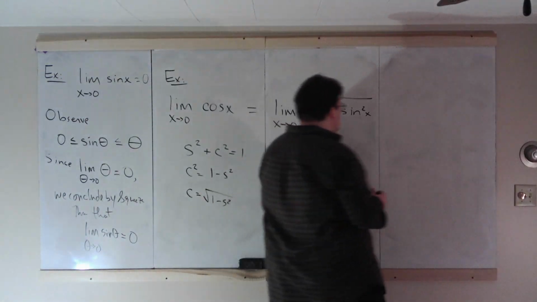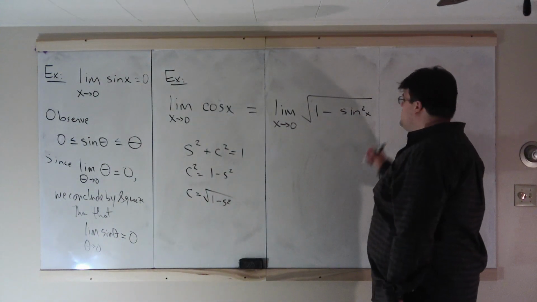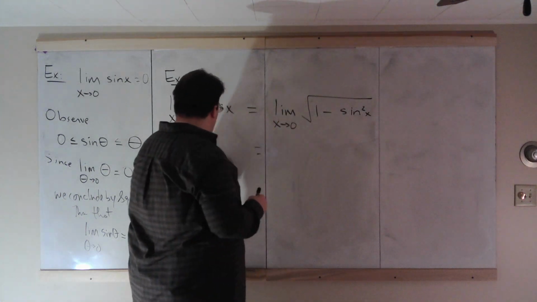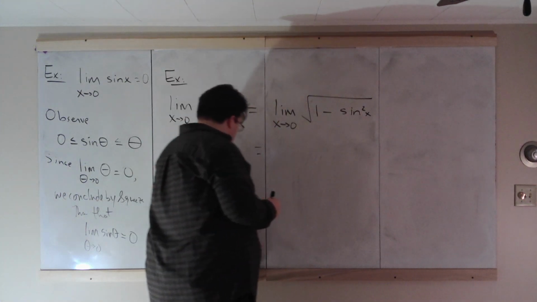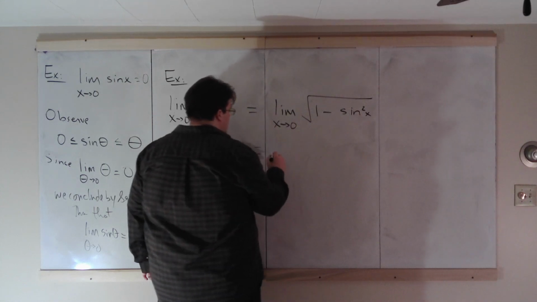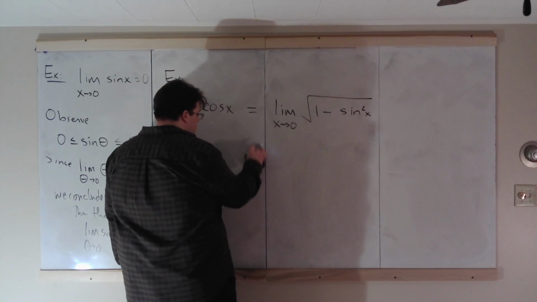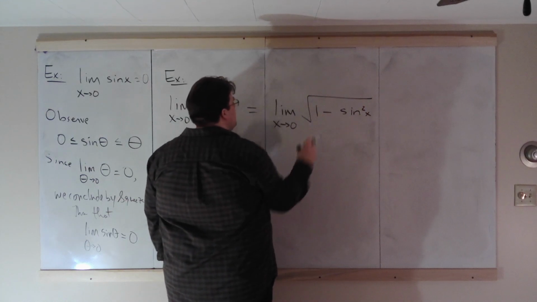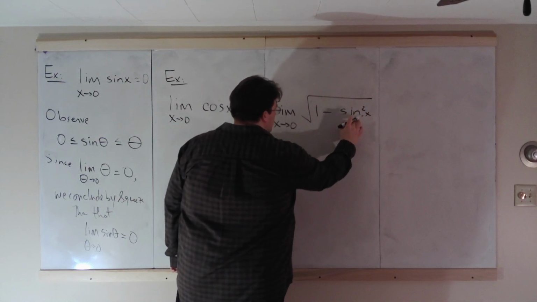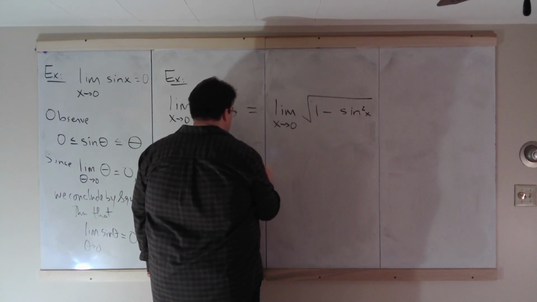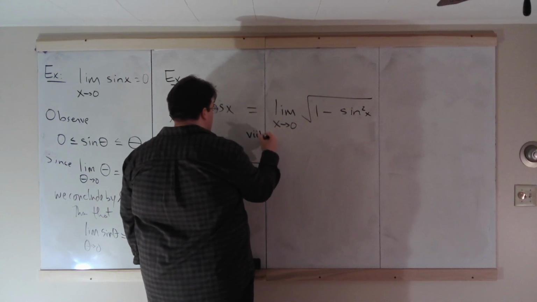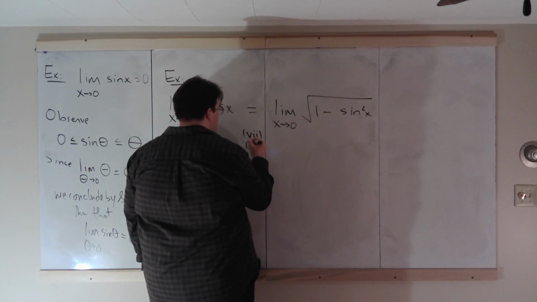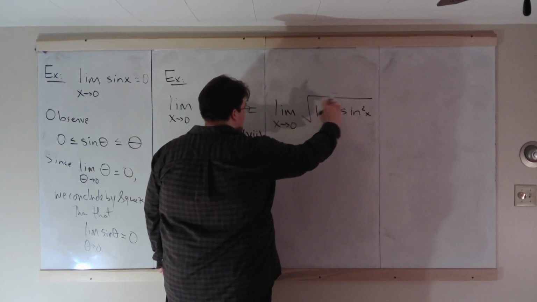Well, how can we compute this limit? We can compute this limit using the algebraic limit laws, because we have a function to the 1/2. Then we have a difference, a sum. Then we have a constant, a function squared. So we can use rule 7 to push it inside the 1/2. We can use rule 3 to split it into the limit of the sum.